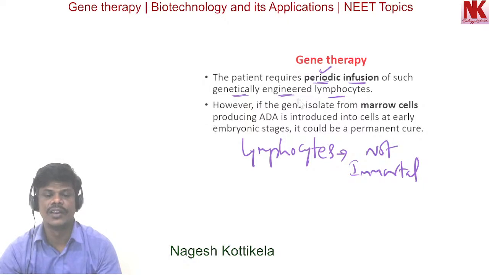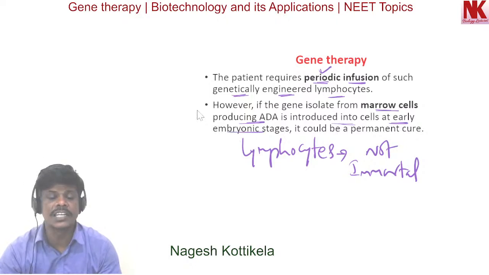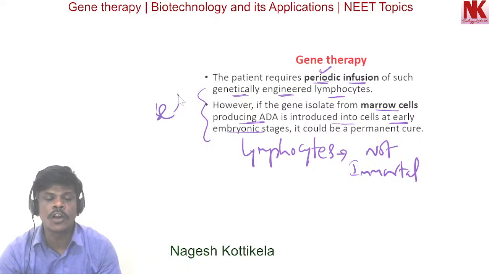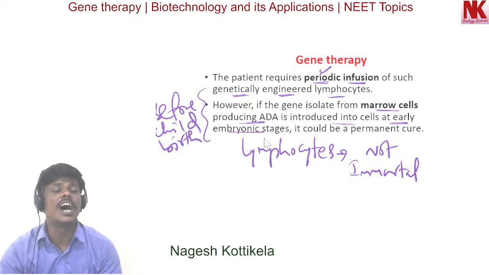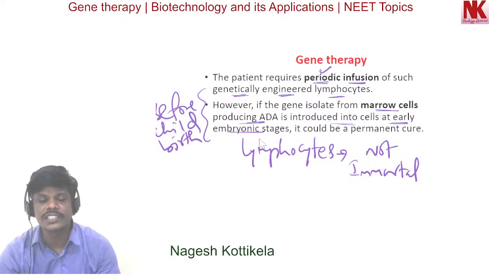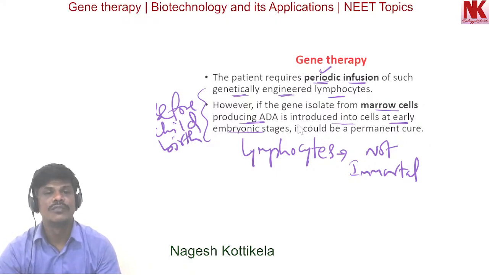However, if the gene isolated from marrow cells producing ADA is introduced into the cells at early embryonic stages, this is before childbirth, then it will be very much beneficial for the child.